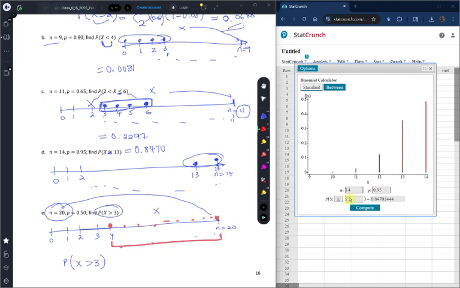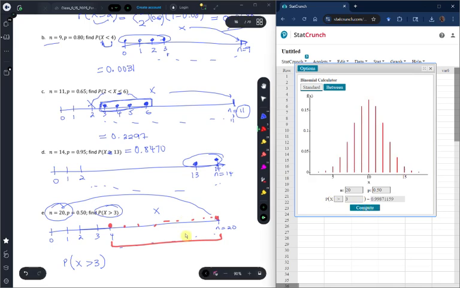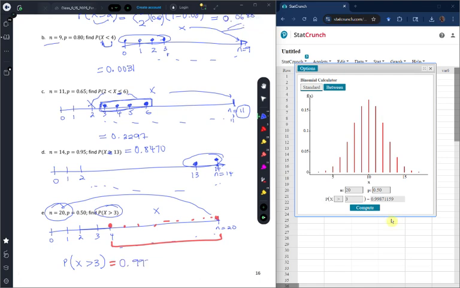I can go back here, put greater than 3, change n to 20, with parameter 0.50, and compute. So the total probability from 4 to 20 is 0.9987, very close to 1.